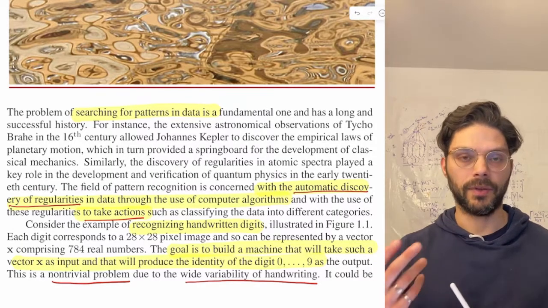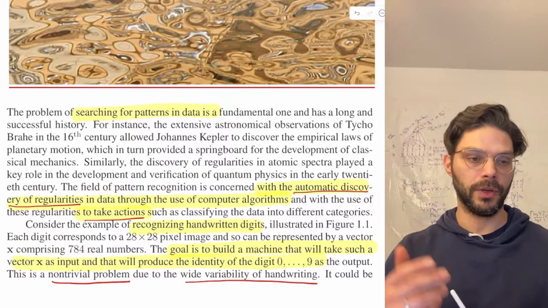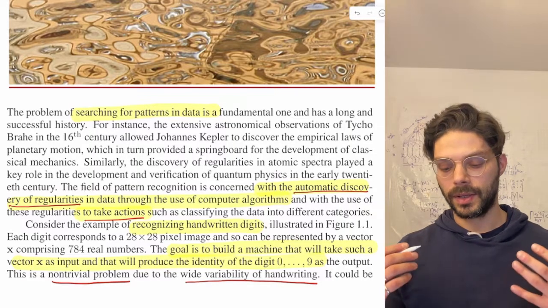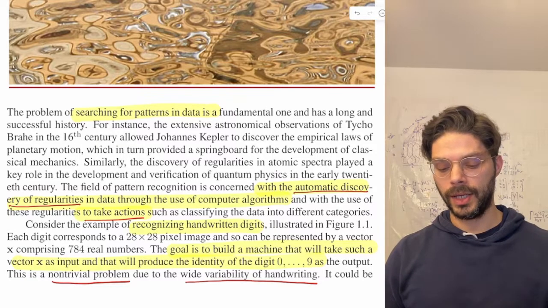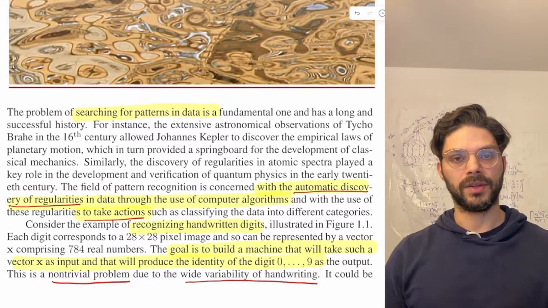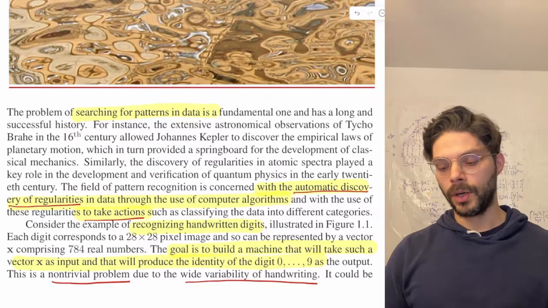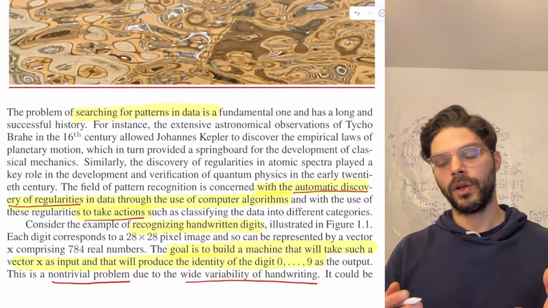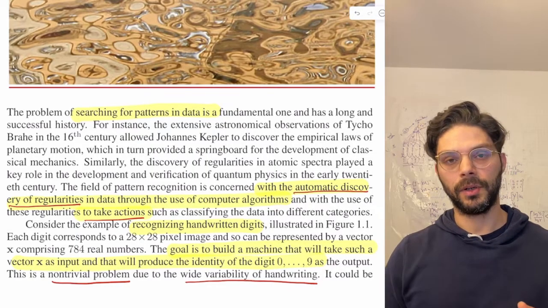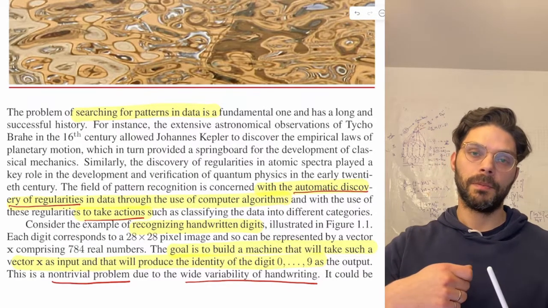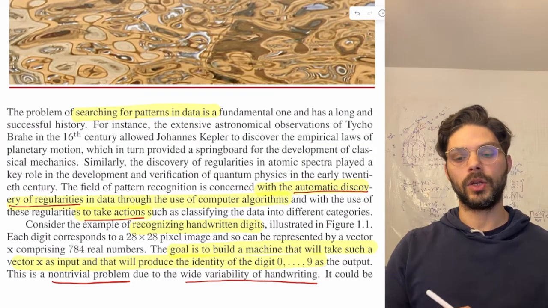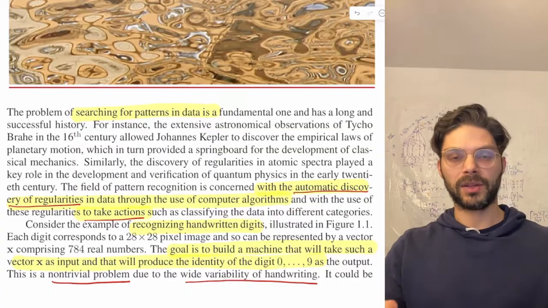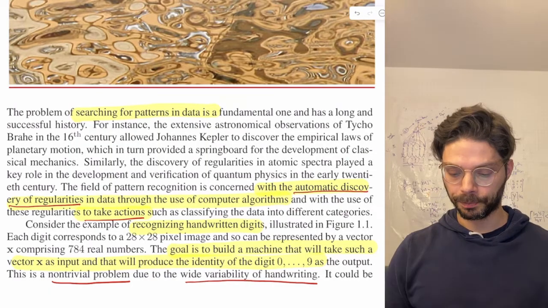Okay, now a very important example, and if you know anything about machine learning or you're interested in it at all, there's this idea of recognizing handwritten digits. I think back in the 70s, 80s, maybe even before, there was the idea of applying computers to the task of recognizing handwritten digits. And why do you want to do that? Well, it's because people were sending mail, and it would be really useful to have a system that could just read the backs of envelopes and tell where mail was going.